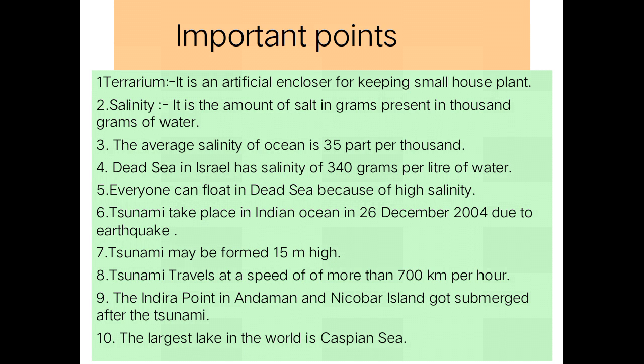Then plant some small plants in it. Sprinkle some water and close the jar. You will see some tiny droplets in this jar. Our earth is also like this terrarium.